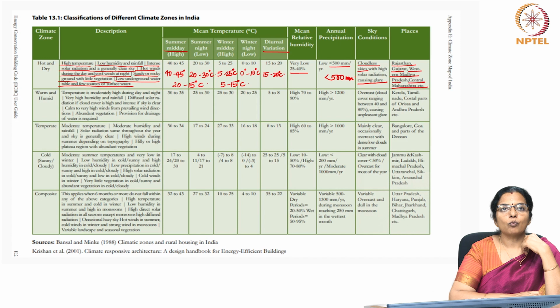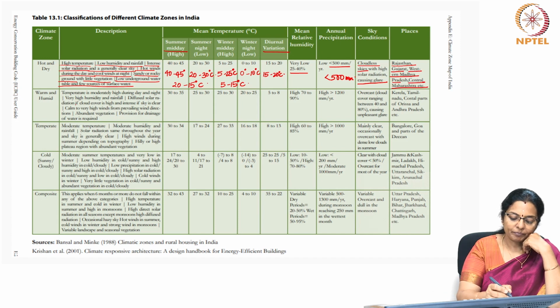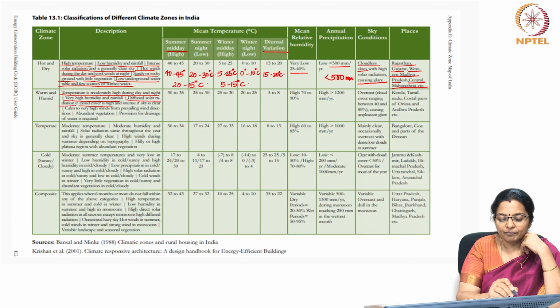Then we have the warm and humid climate. In warm and humid climate zones, temperature is moderately high during day and night. Very high humidity and rainfall. There is diffused solar radiation if cloud cover is high and intense if the sky is clear.